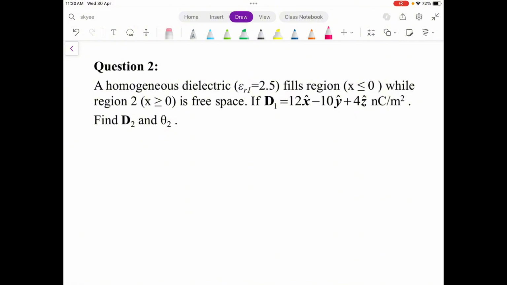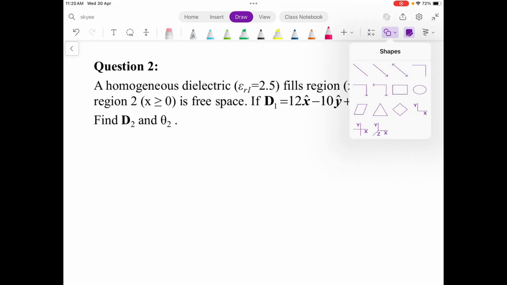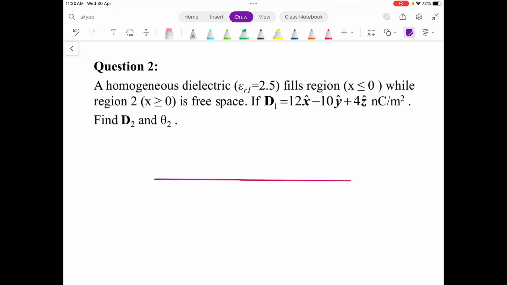So you have a homogeneous dielectric filled region, x less than 0. Basically you have two regions: x less than 0, and x greater than 0. For x less than 0, it is epsilon R1, this is the medium property.